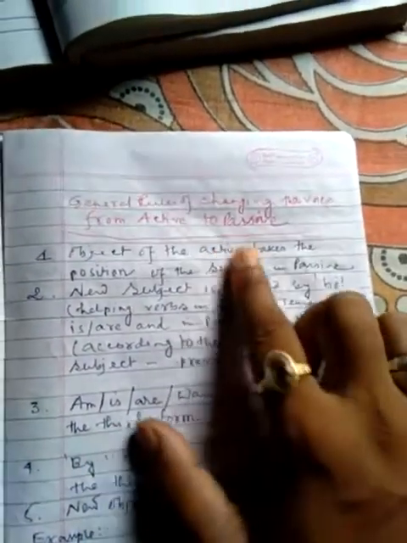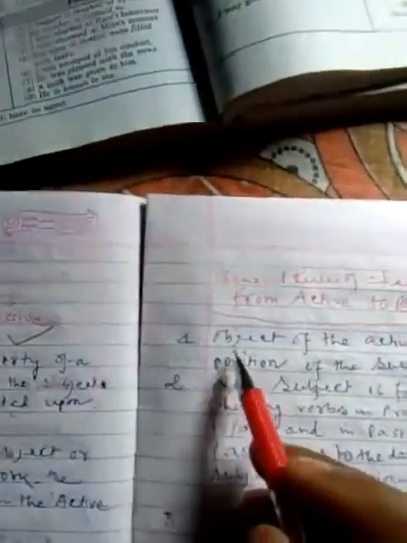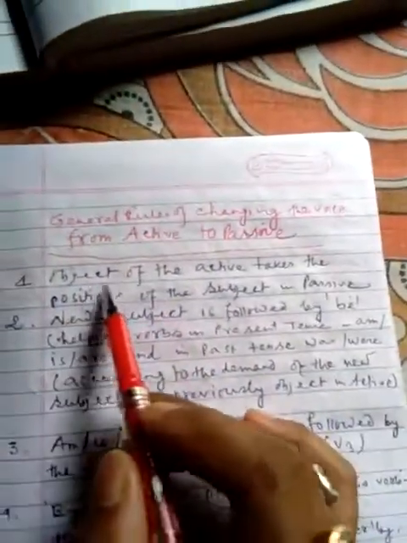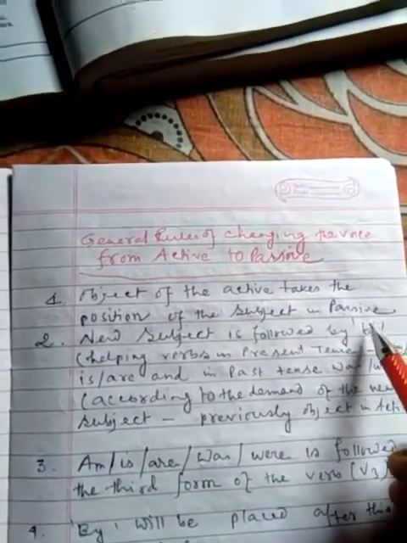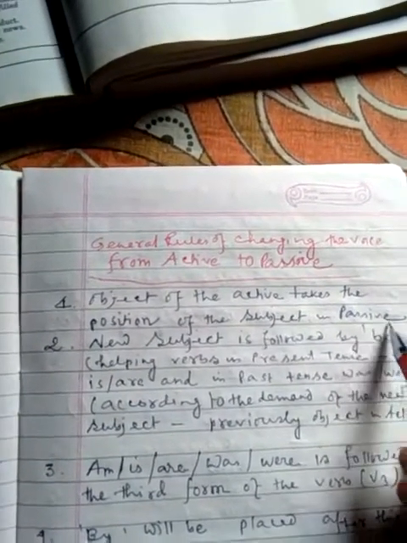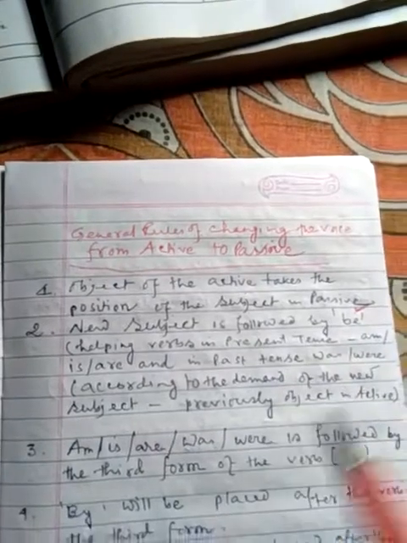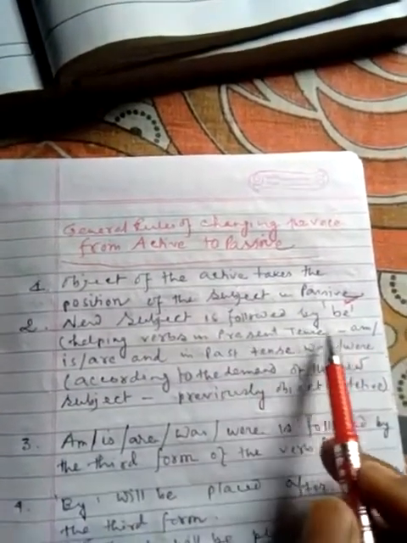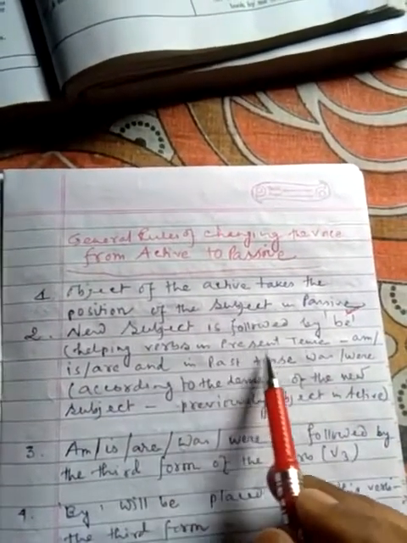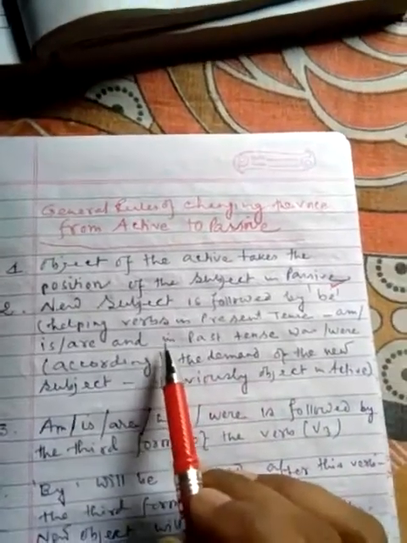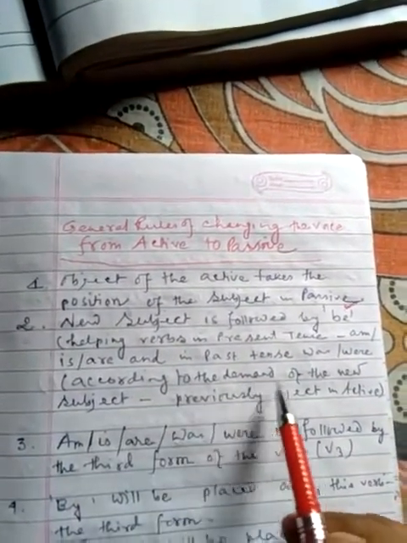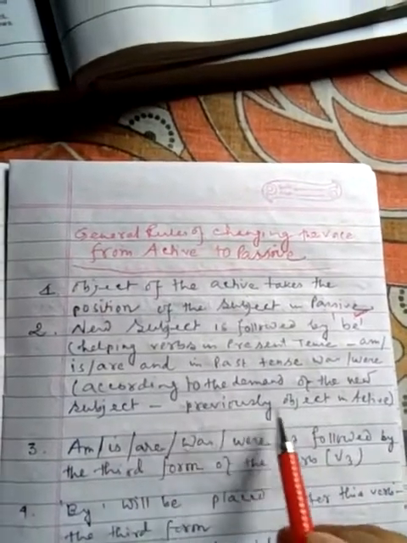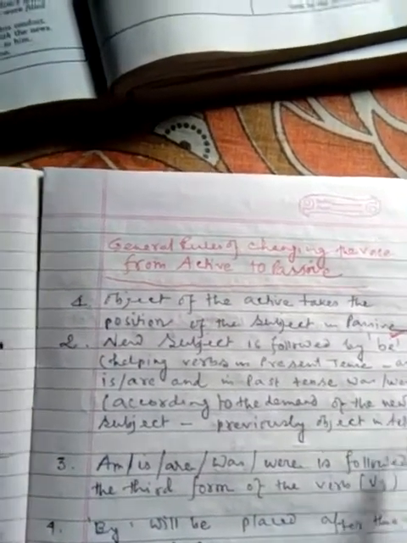So now I am going to proceed to the general rules and regulations of voice from active to passive, okay. First of all, the first rule is that the object of the active takes the position of the subject in passive. Number 2, the new subject is followed by be helping verbs: in present time am, is, are, and in past tense was, were, according to the demand of the new subject, previously object in active.